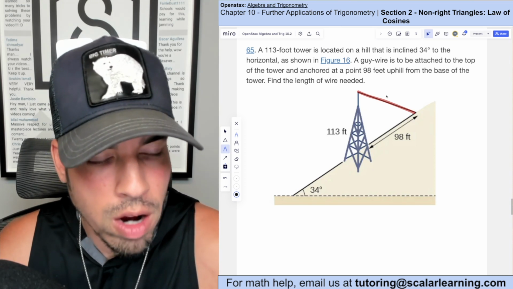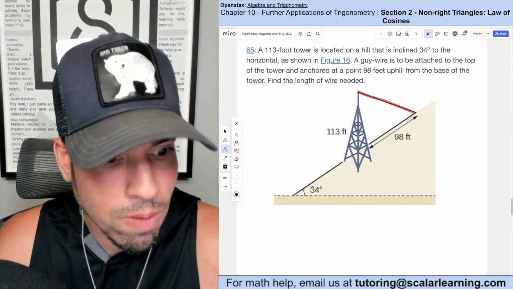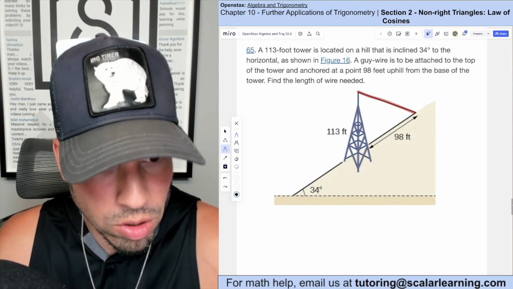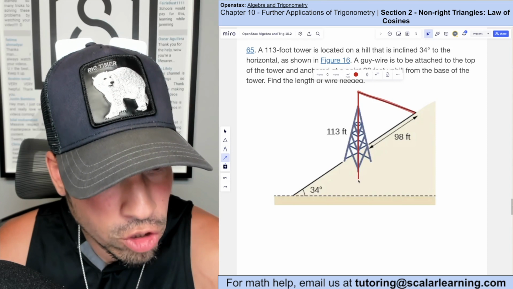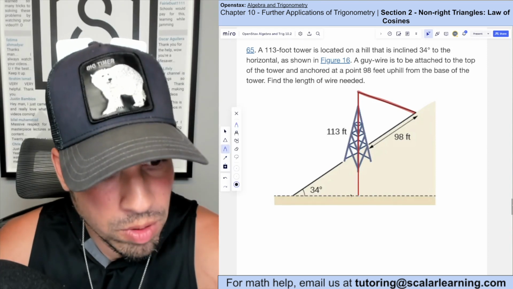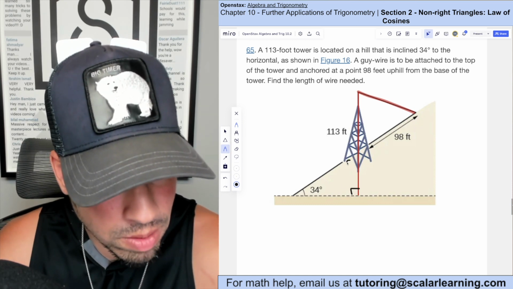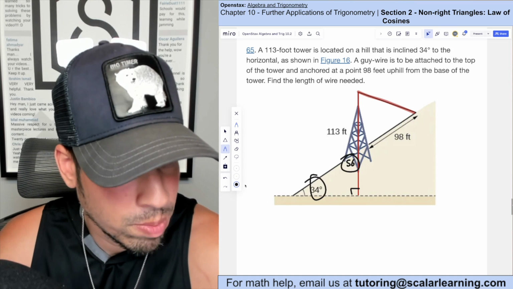And in this triangle, in order to use the law of cosines, I need to know this angle. So let's see if we can figure that out. I see that this is 34 degrees. And so if I connect the line straight down, I can start to piece together that angle. So for example, if this is 34 and this is a perfect right triangle, then this angle up here has to be 56 because these two need to be complementary, right?